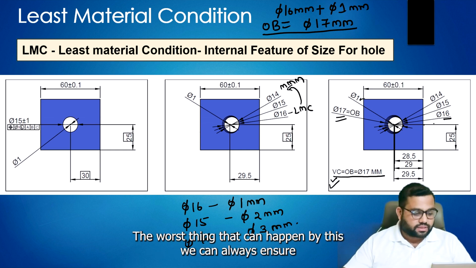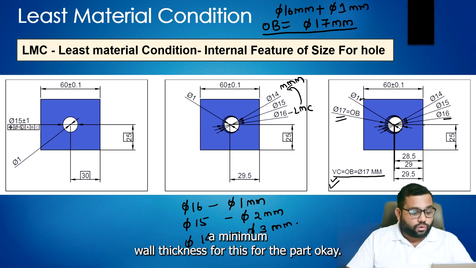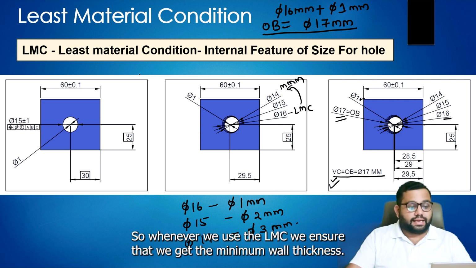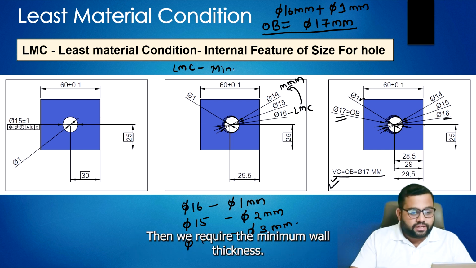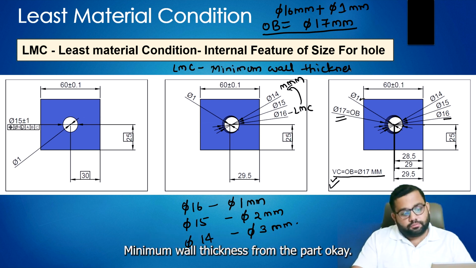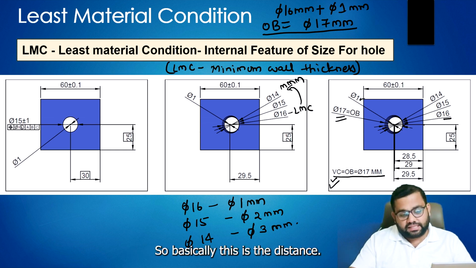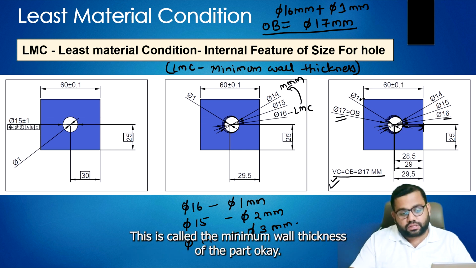By this, we can always ensure a minimum wall thickness for the part. Whenever we use the LMC, we ensure that we get the minimum wall thickness when we require it from the part. Basically this distance is called the minimum wall thickness of the part.